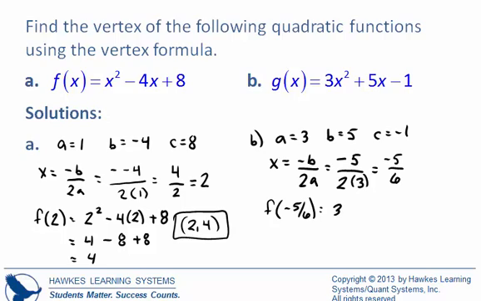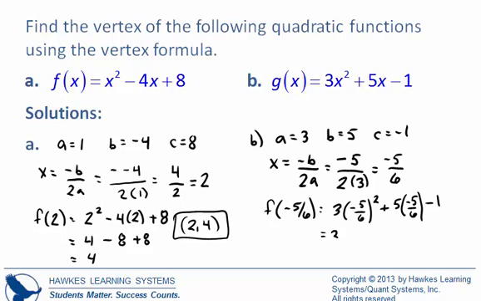So we're going to have 3 times negative 5 over 6 squared plus 5 times negative 5 over 6 minus 1. Now, we'll do a little simplifying here by hand, but at some point you may want to go to your calculator with it and actually calculate this on your calculator because the calculation is somewhat messy.